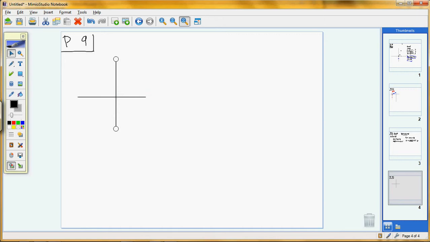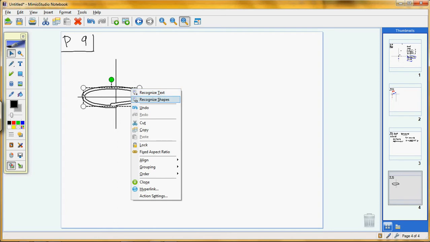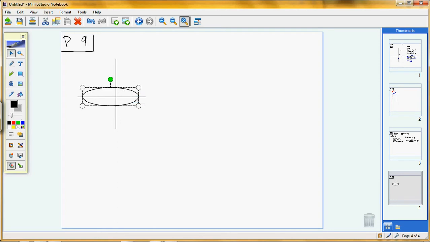Okay, so now we have a very fat oval, and we have another line that passes through this point right there, and then that point.